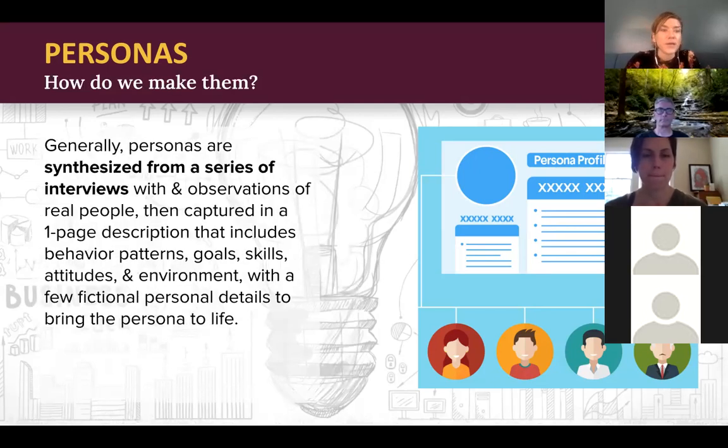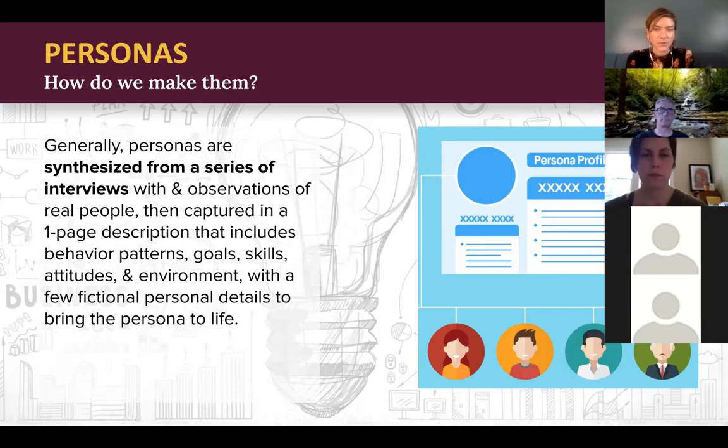So essentially, they are just synthesized from a series of interviews. That's why it's important that you really get to know who your stakeholders are. You're going to start grabbing all that data, all of that information, those insights, and building them together so that they can capture this one-page description.